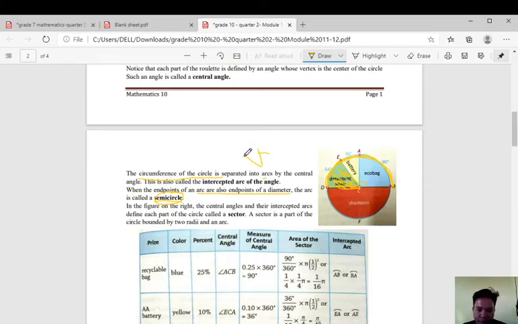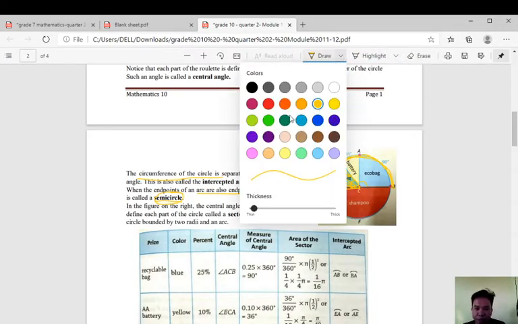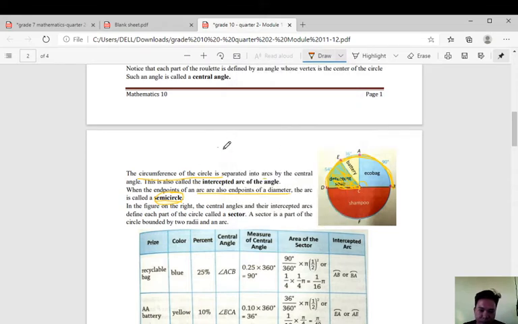Sorry for my drawing. So that is a sector. Okay, let me do it again. Yan. So that is a sector.